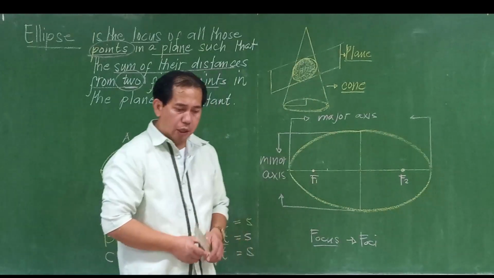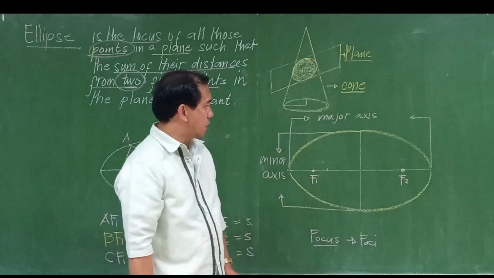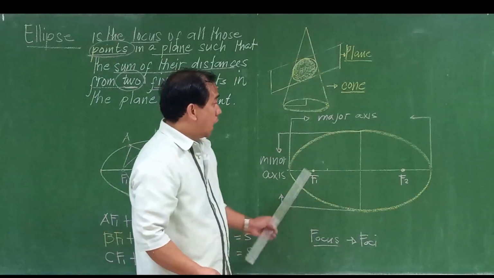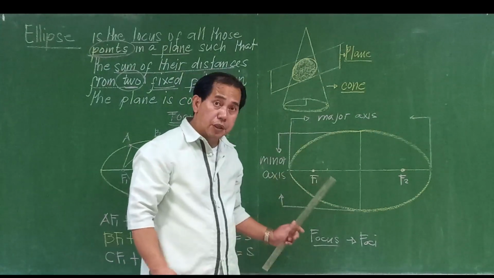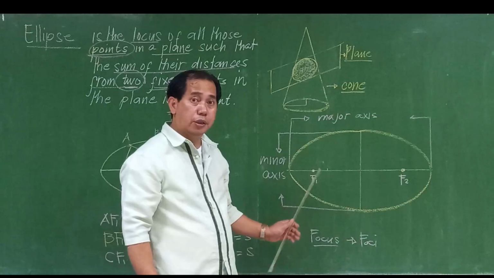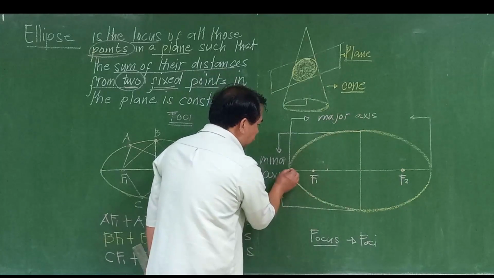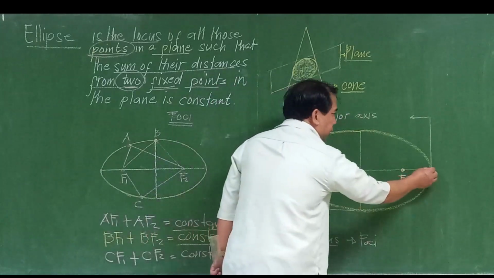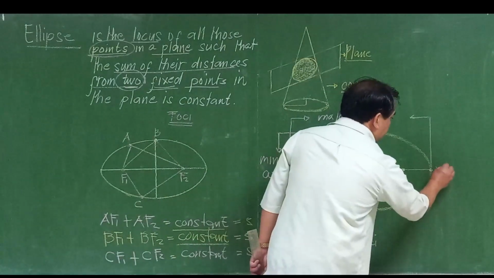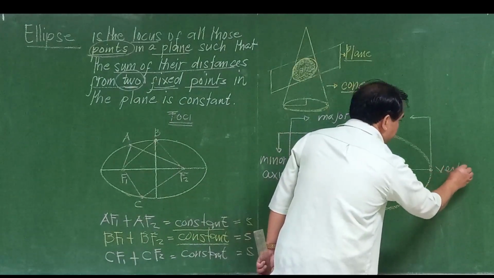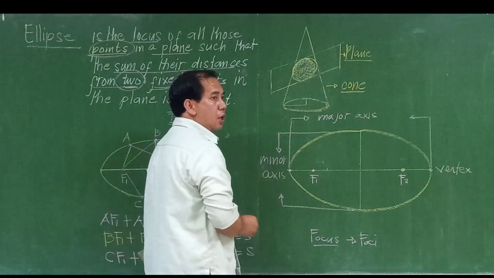Now, notice that when we are talking of the minor axis and the major axis, there is a distance that we need to consider. In our major axis, that is actually from this point to this point, and that is actually the vertex. Another one in here, we have the vertex.